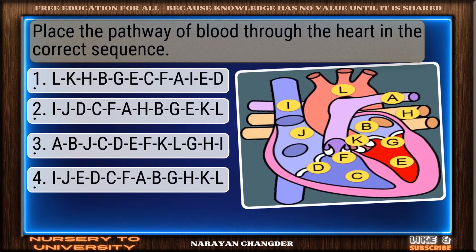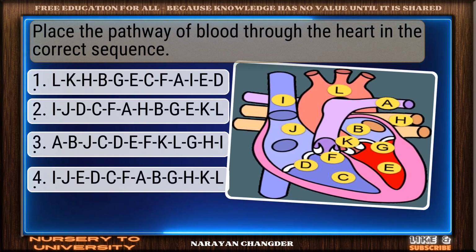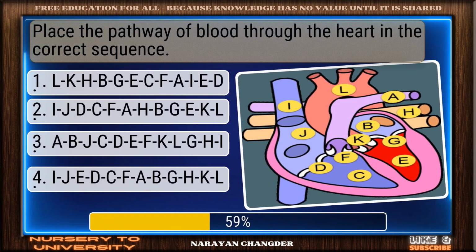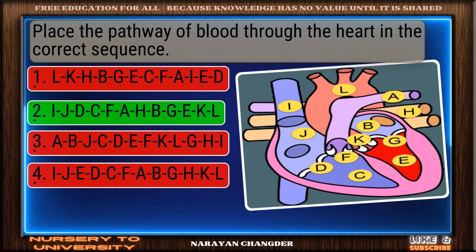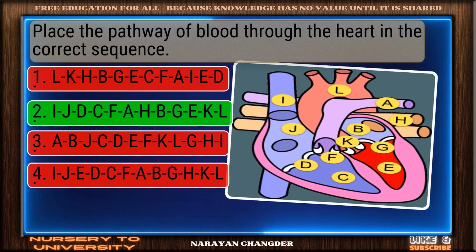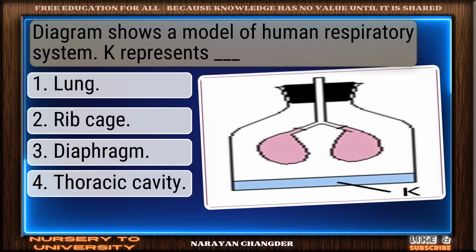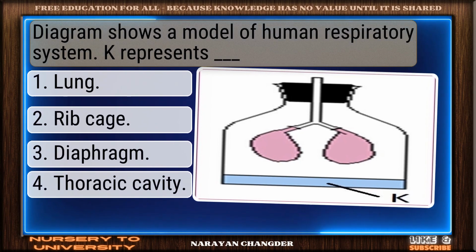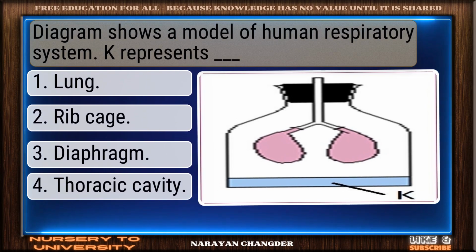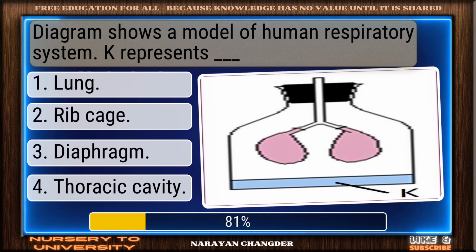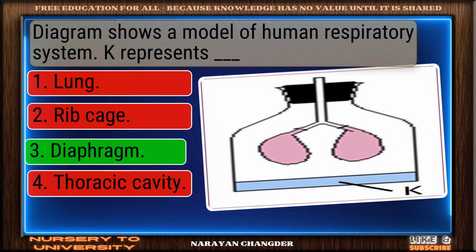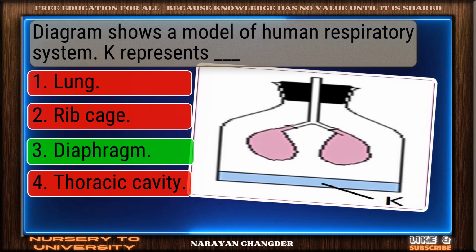Place the pathway of blood through the heart in the correct sequence. Excellent choice. IJTCF HBGEKL is right. Diagram shows a model of human respiratory system. K represents dash. Nice work. Diaphragm fits perfectly.